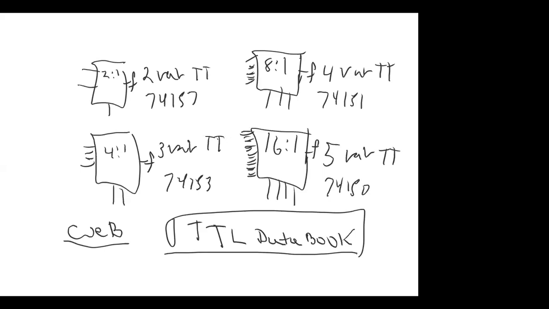And it's great reading. You could just sit there and read it all day, take it with you on vacation, read it on the beach. It's just great fun. And once you know the family, you can design the hardware without consulting the book. You can just sketch it out on the back of a napkin and come up with a design. And that makes it even more fun. And these are just the multiplexers, not the decoders.